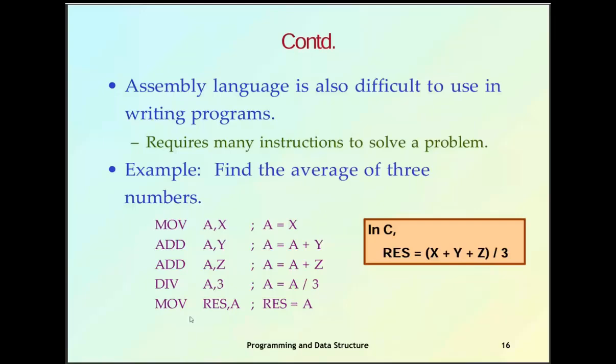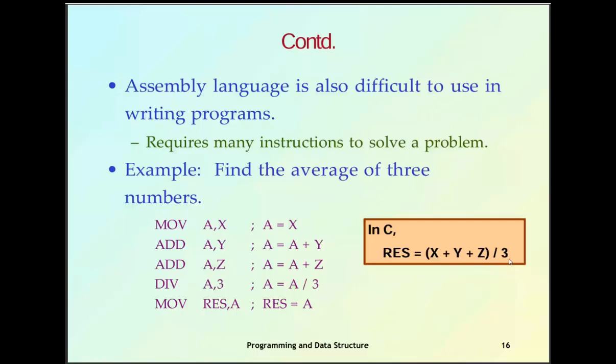Just to find the average, you have to write these 5 statements. Whereas in C language, you will see that a single statement is sufficient to result in the average of 3 numbers, X, Y, and Z.